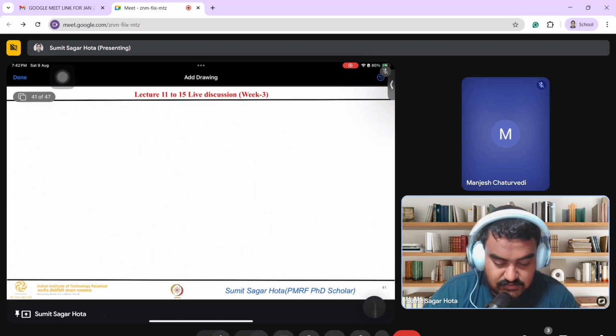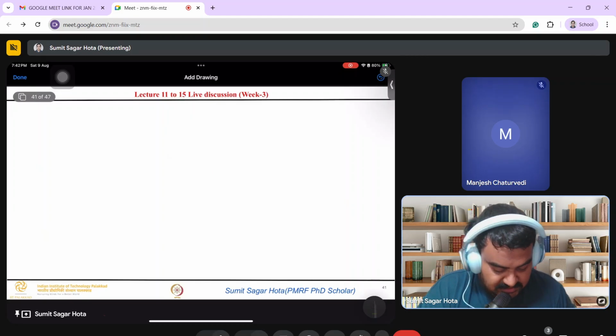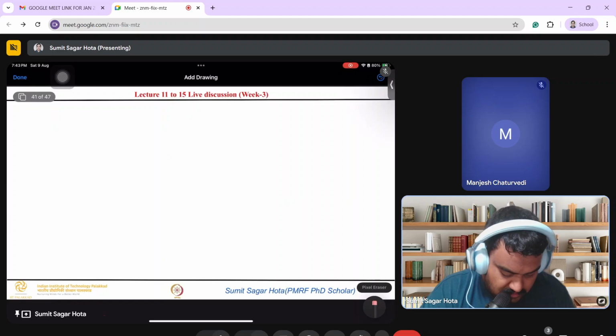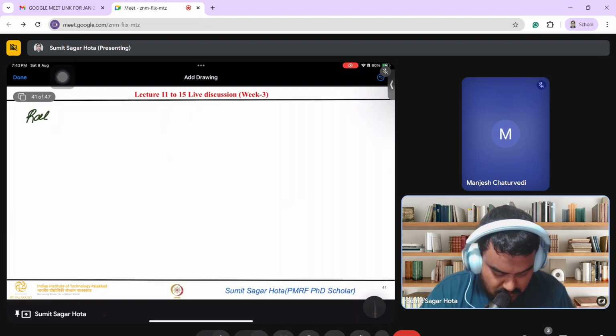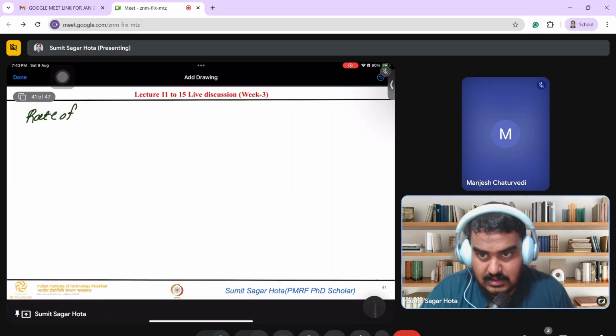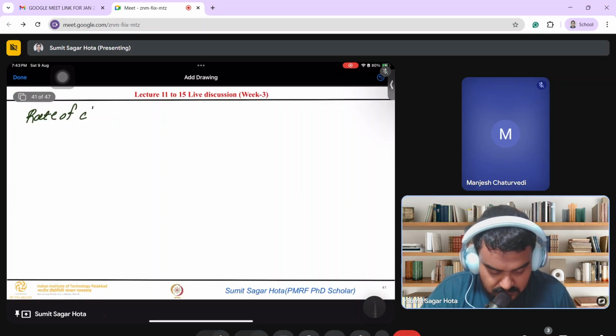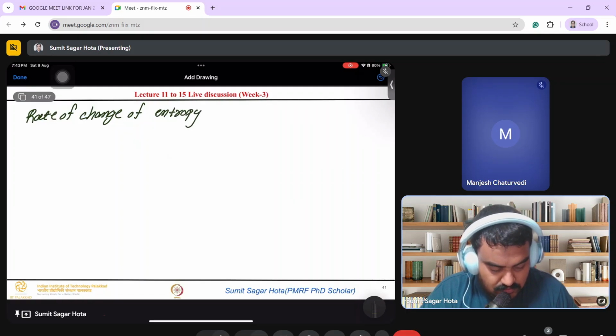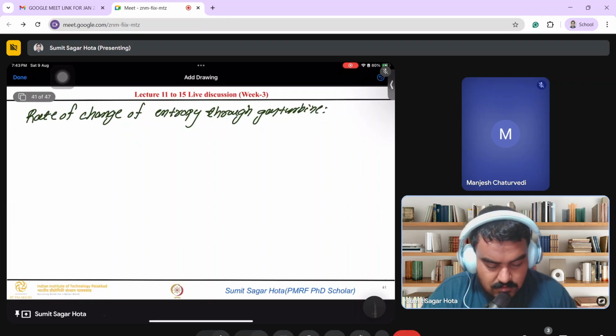So let's find the last one: rate of change of entropy through the gas turbine.